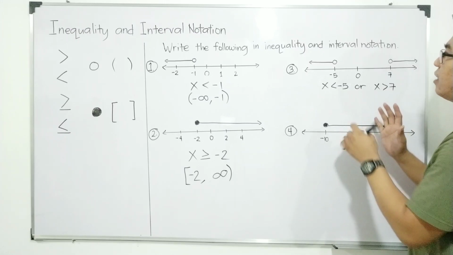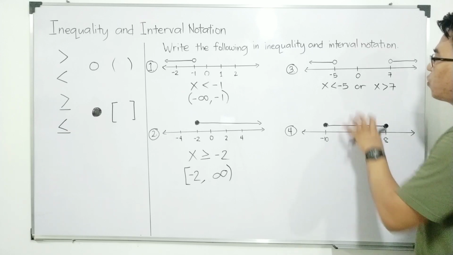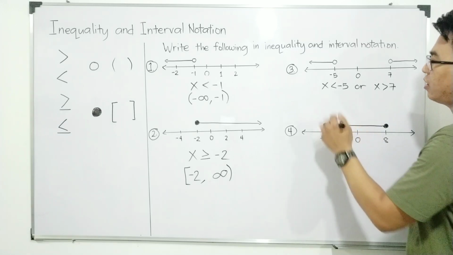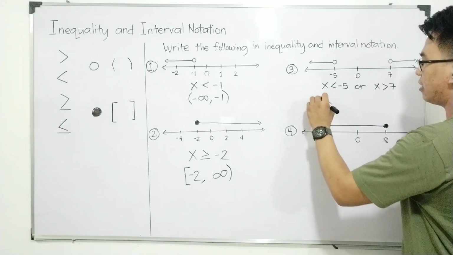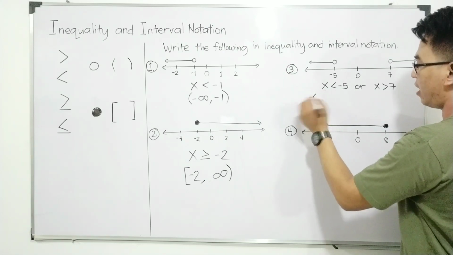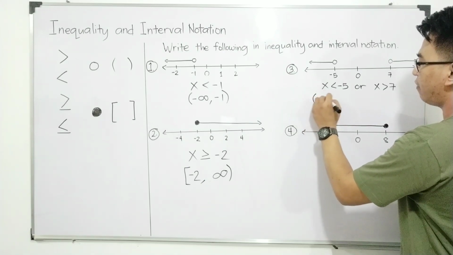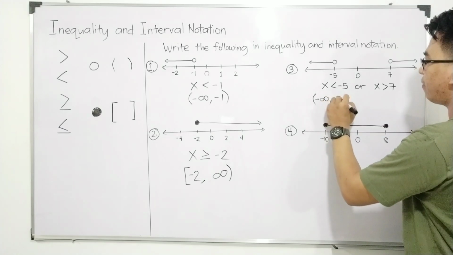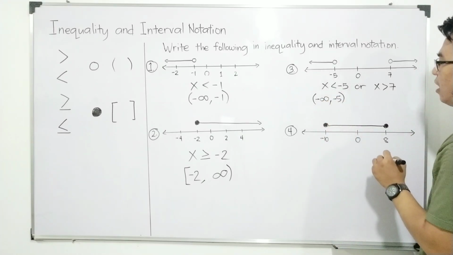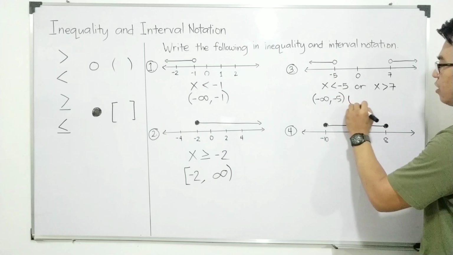And next naman natin is for the interval notation. To represent this in interval notation, this one is parenthesis -infinity, comma -5, close parenthesis. And then, nagamit tayo ng union.